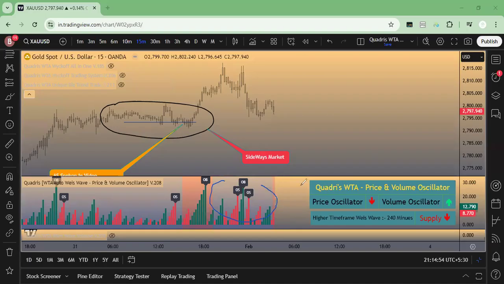If the higher time frame is showing buying, and demand is generating at this particular point, then I would only look for buying opportunities. This is one trending trade.